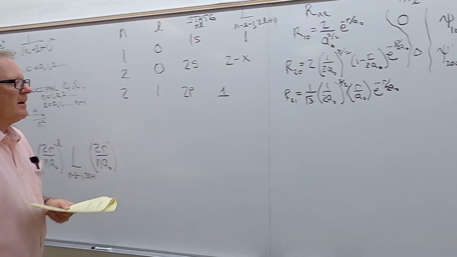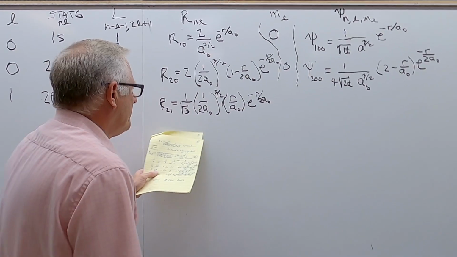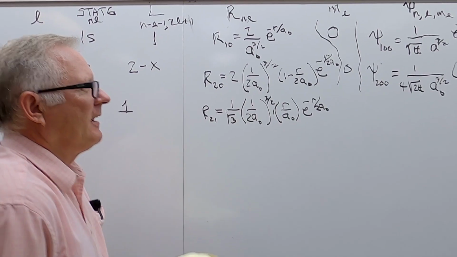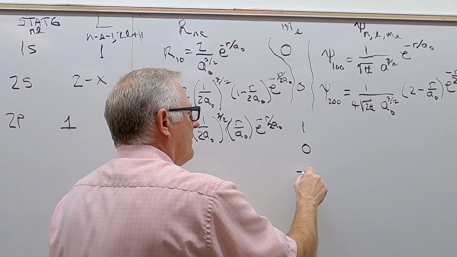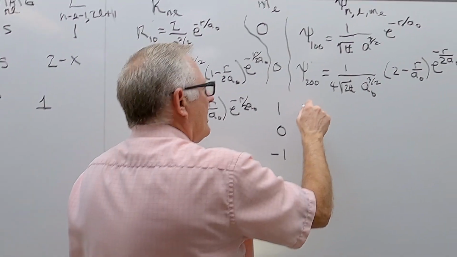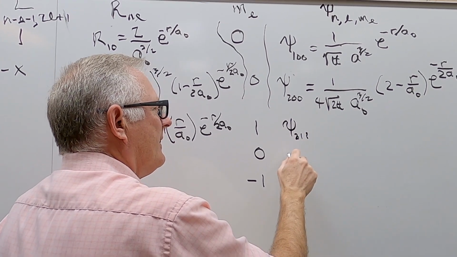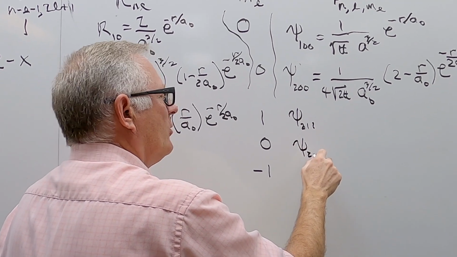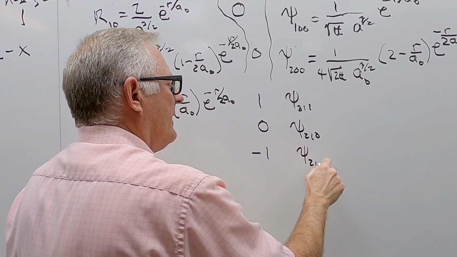Okay, so that would be the R21, the 2p state. Now for the p state, there are 3 m sub l's. There's 1, 0, and minus 1. So over here you could have a psi 2, 1, 1. This would be psi 2, 1, 0. And this would be psi 2, 1, minus 1.